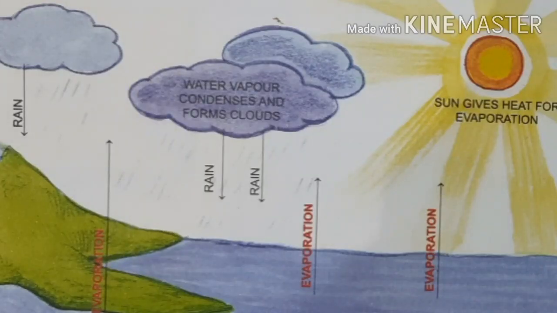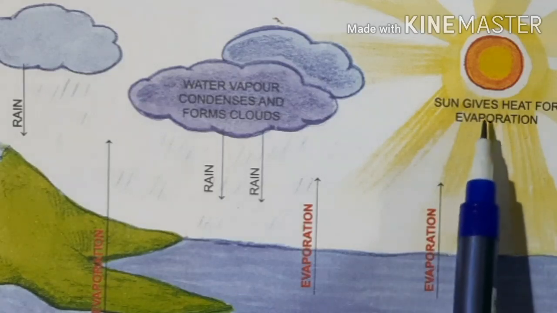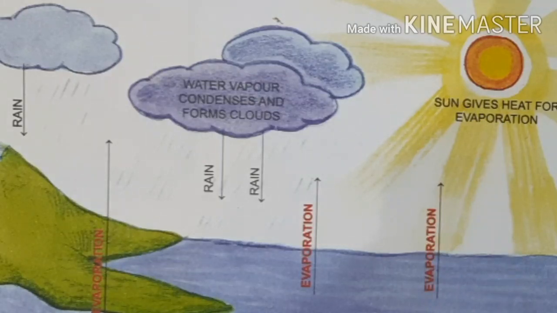Students, we have learned about humidity in the last class. So humidity, that means the water vapor. Water bodies are the major source of water vapor in the atmosphere. Evaporation takes place when the heat energy is received by the seas.